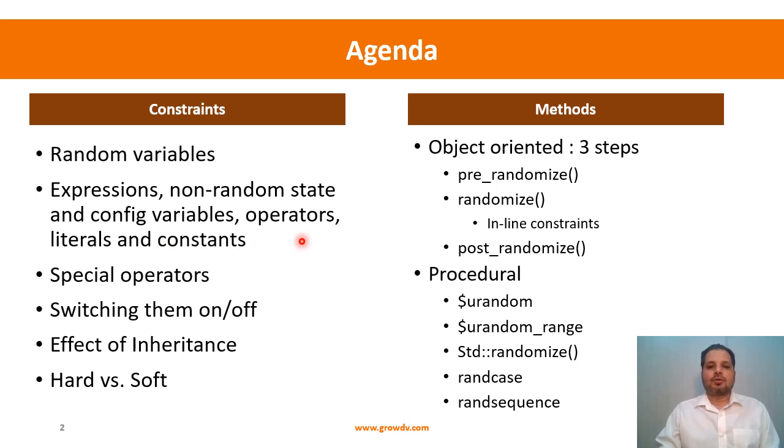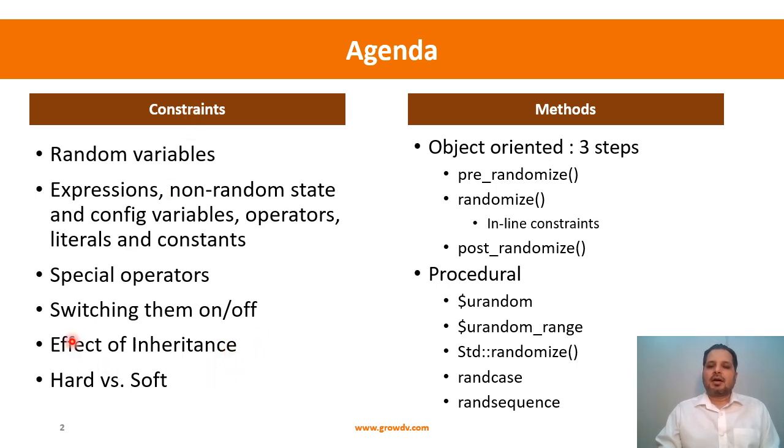We'll look at those, and there is also a set of special operators that have been defined for building the constraints itself. And then constraints can be turned on or off. Constraints are defined statically, but during the runtime they can be turned on or off. So we'll look at how to do that.